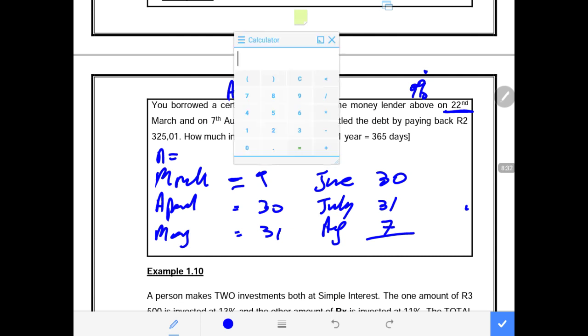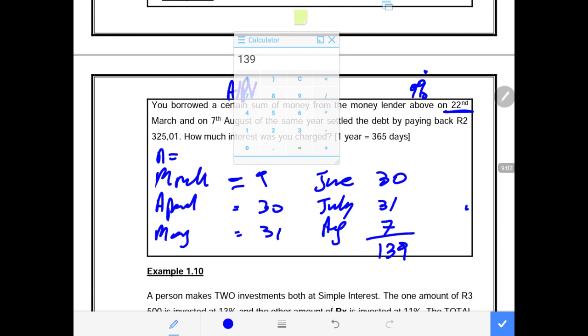So now we can say 9 plus 30 plus 31 plus 30 plus 31 plus 7. You paid it on the 7th. So we can say that we have 139 days in which the amount that you borrowed was borrowed for.